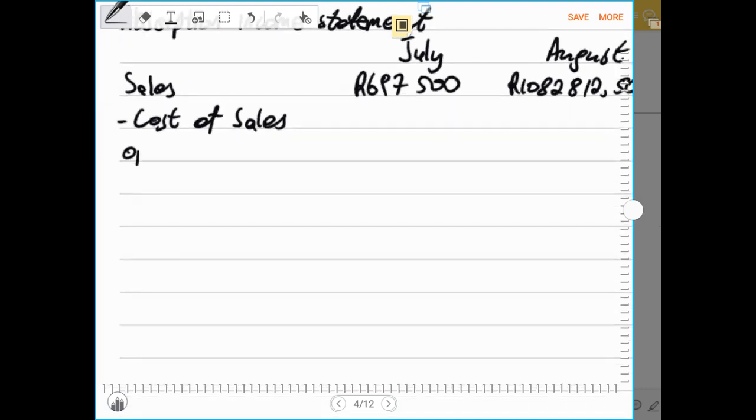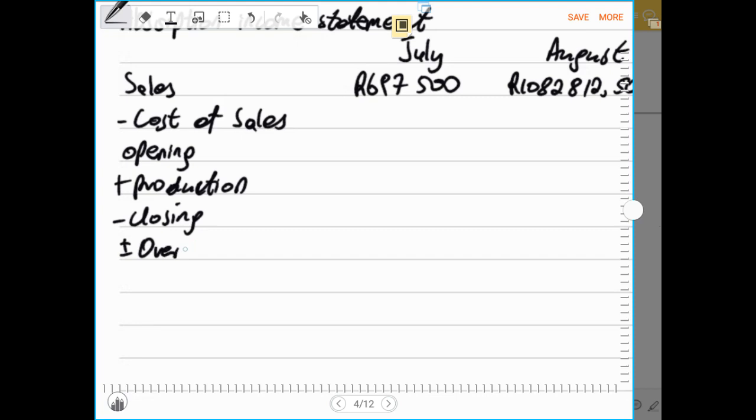And under our cost of sales, we have our opening plus production, then after we have to minus closing. Then after subtracting the closing, we have to say plus or minus over or under applied. If there is over or under applied, we have to take this into account here.